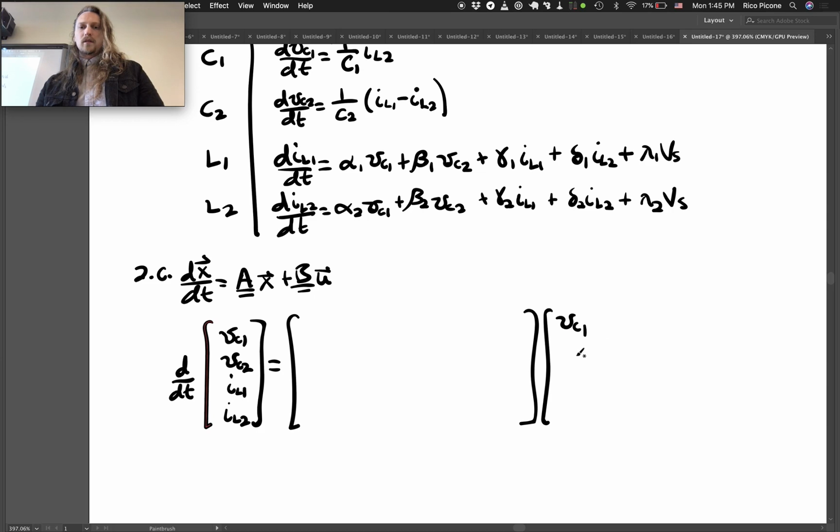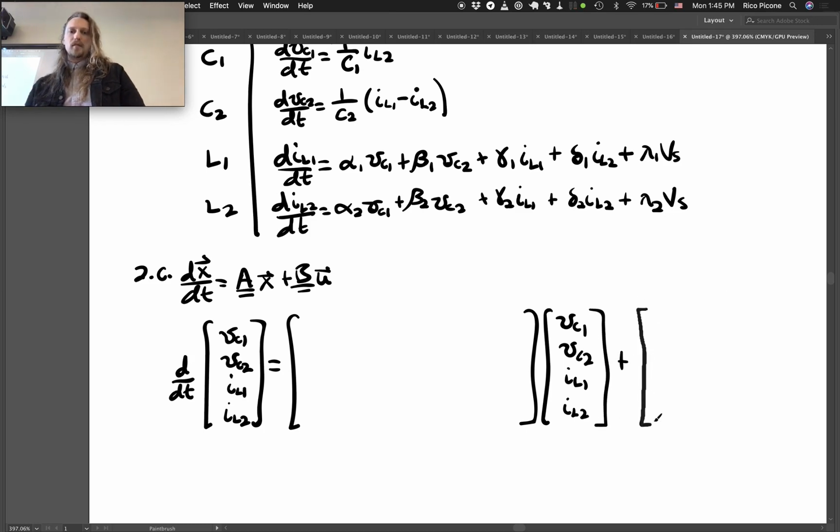Vc1, Vc2, IL1, IL2, and I've got the B matrix, which is a 4 by what? Because it's got to multiply a 1 by 1, right? Vs. It's got to be a 4 by 1.